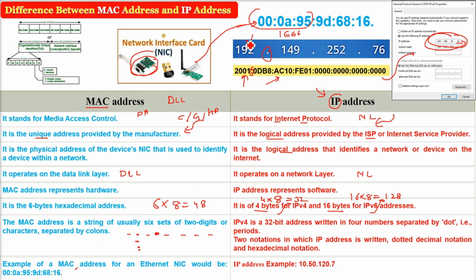These are the examples I already showed you: in a MAC address, the first 3 are given to the vendor, and the last 3 are given by the vendor.